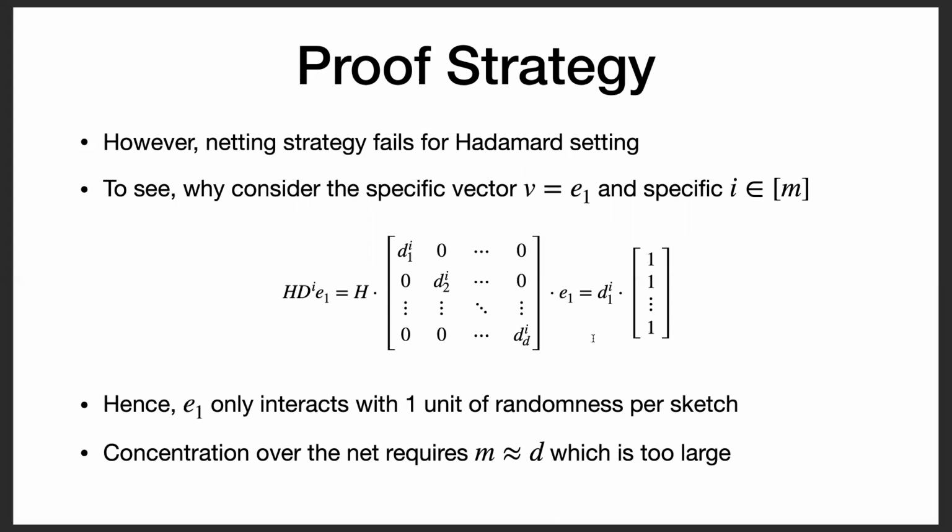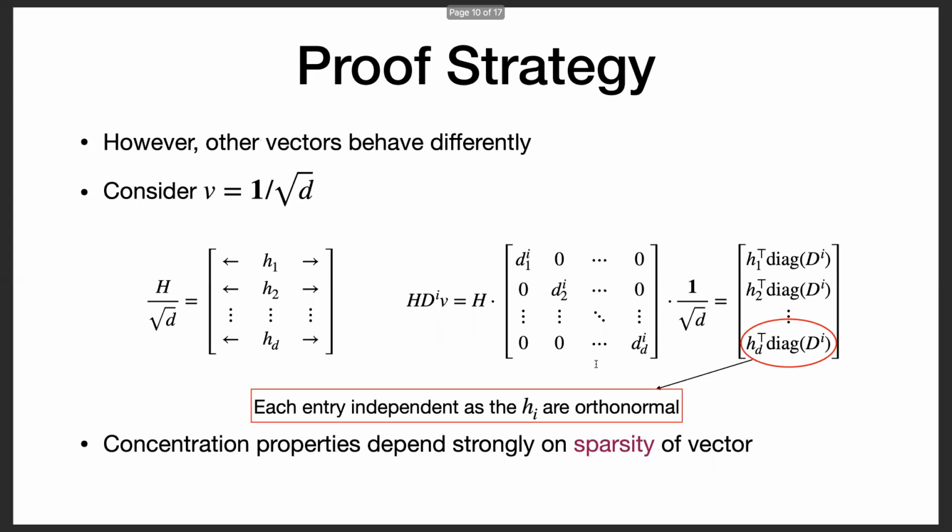But now if you want to use this to get concentration over a gamma net, you need D many sketches. So you need M to be approximately D, which would be simply too large. But one positive thing to take away from this type of computation is that there are other vectors for which this transformation behaves very differently.